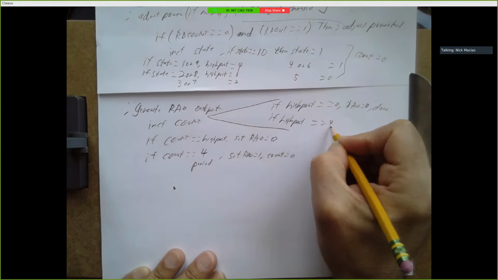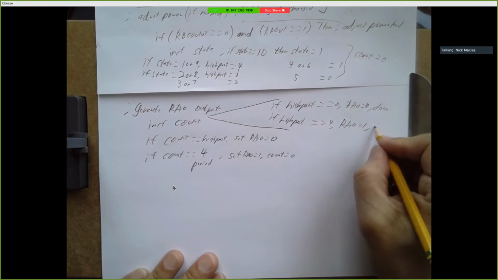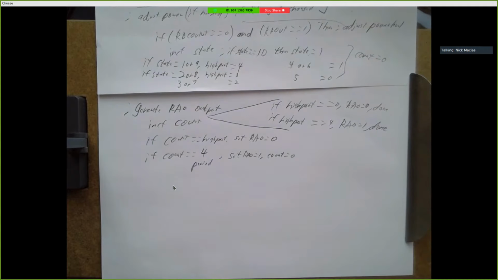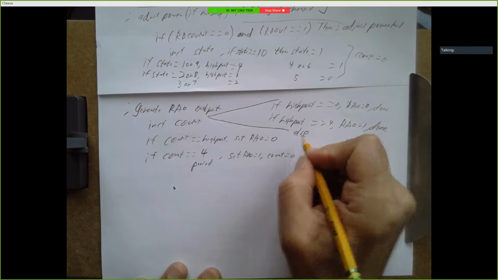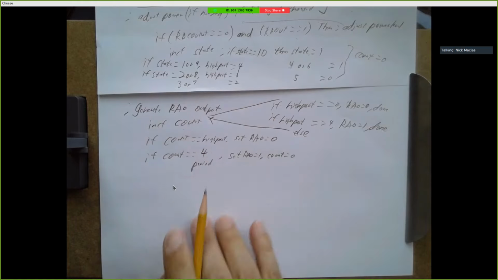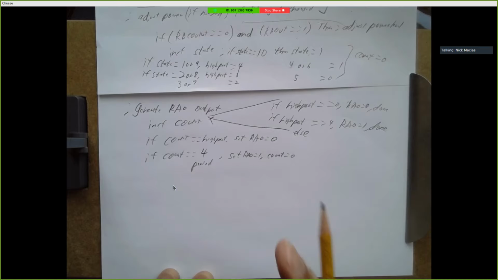If the high part is 4, set RA0 equal to 1. That's a 100% duty cycle, and we're done. Otherwise, increment the count, see if you're equal to the high part, send the output low, see if you're equal to the period, reset the count, set the output high.